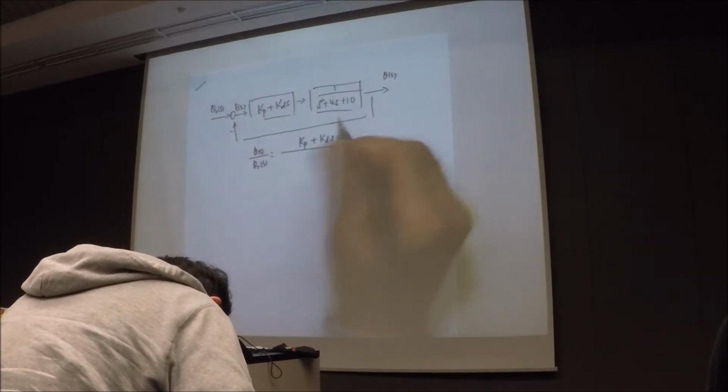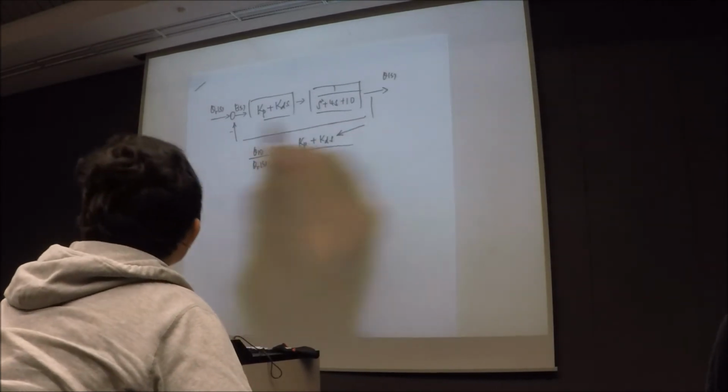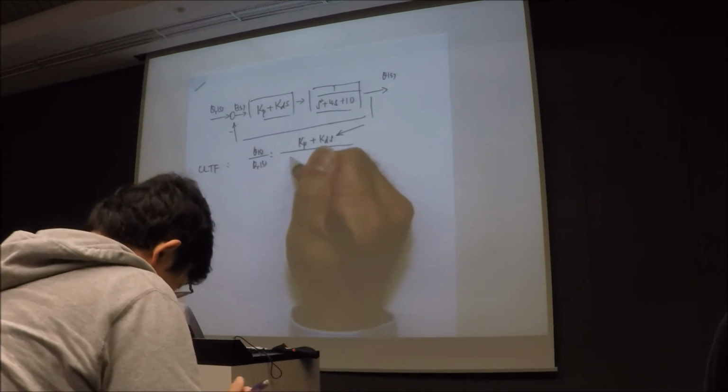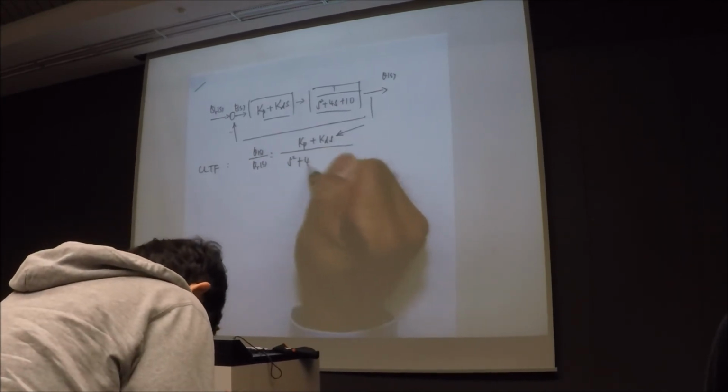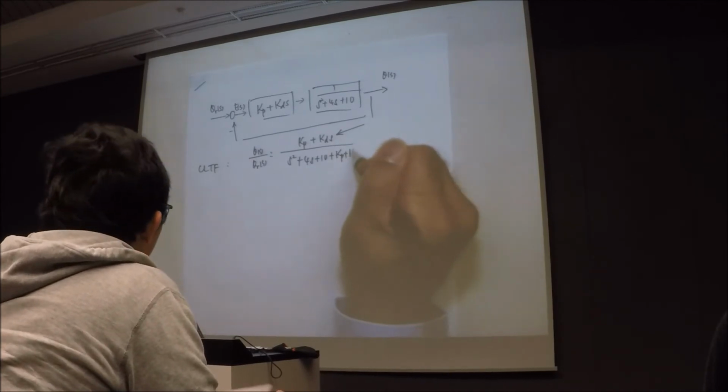As I mentioned to you guys, in the closed loop transfer function, this term will show up as s squared plus 4s plus 10 plus Kp plus KDs.